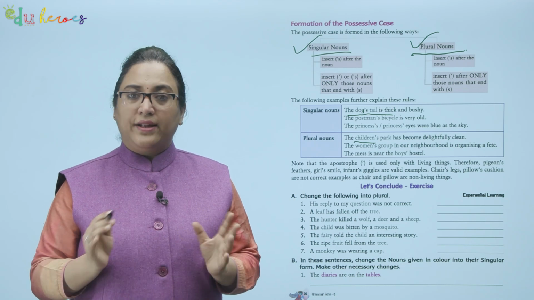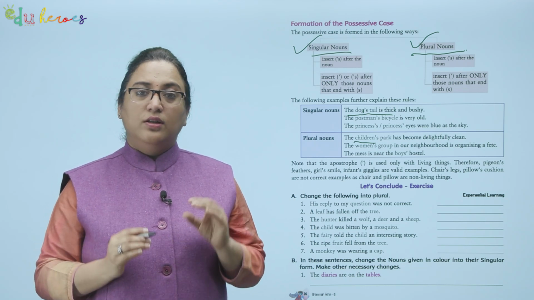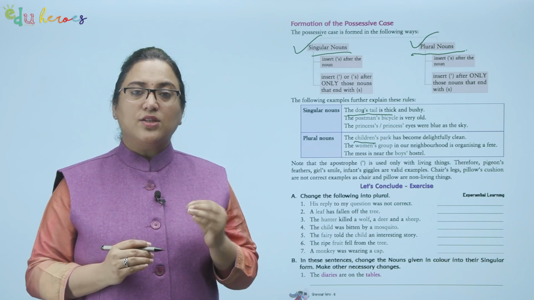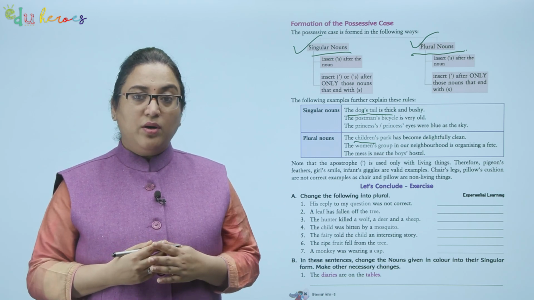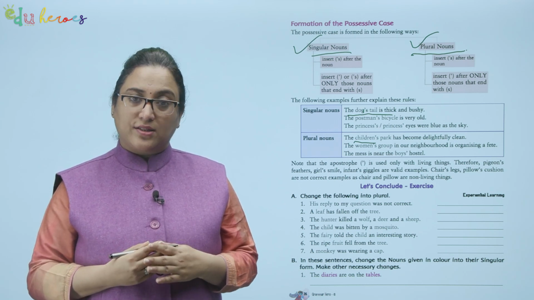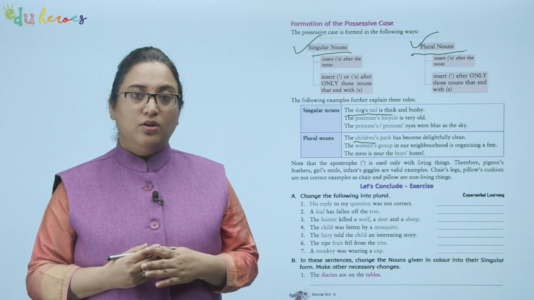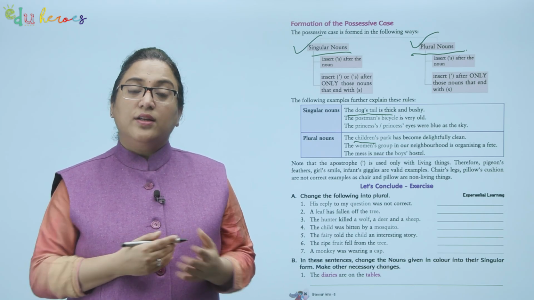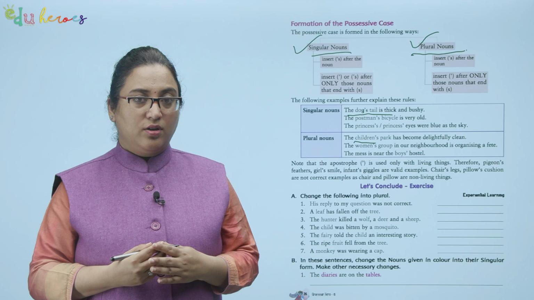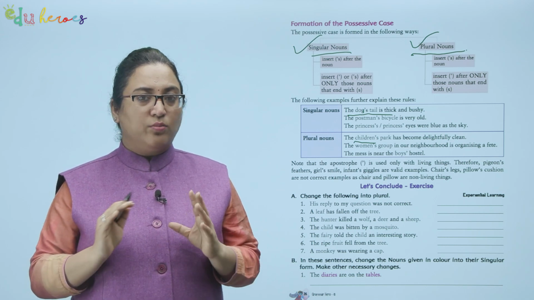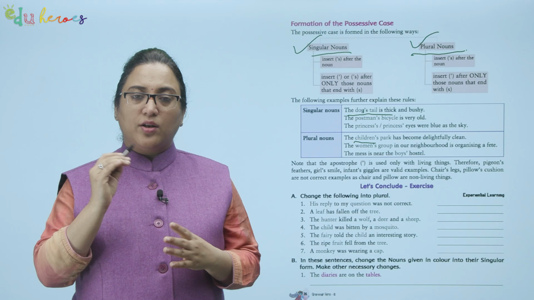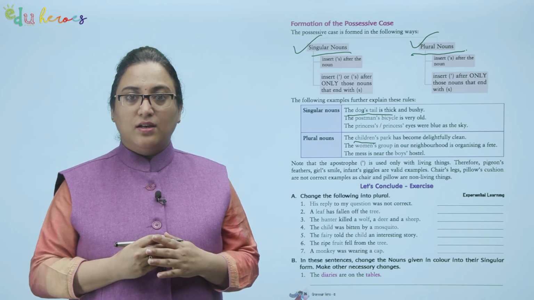We have not added anything. Therefore, this rule applies in such plural nouns. The women's group in our neighborhood is organizing a fete. Here also, women is an irregular form of plural noun. From woman, we change to women. So here also we can't do much. We will just add an apostrophe and s.